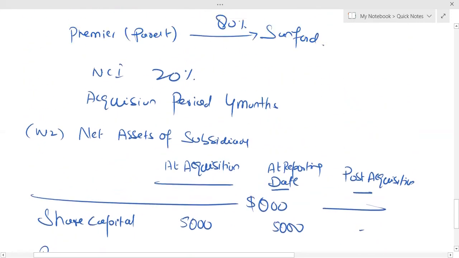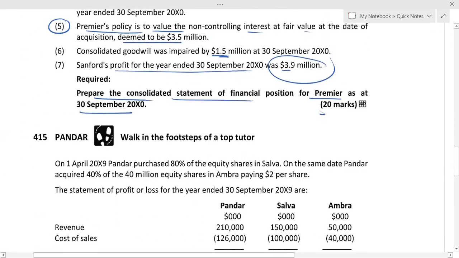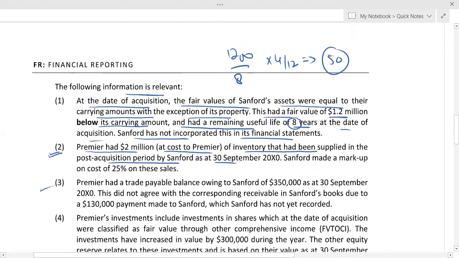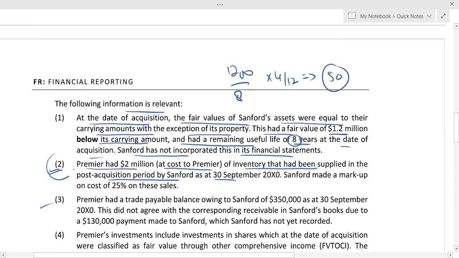Now let's go back to the question. Now look at point number 2. When I was discussing formats in the first class of consolidation, I did discuss when the seller is the subsidiary. If the seller is the subsidiary, then unrealized profit on stock, or unrealized profit on anything, will be deducted.